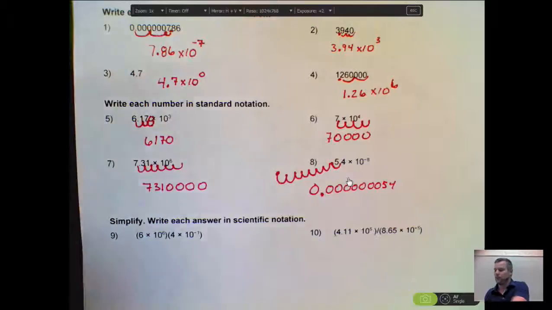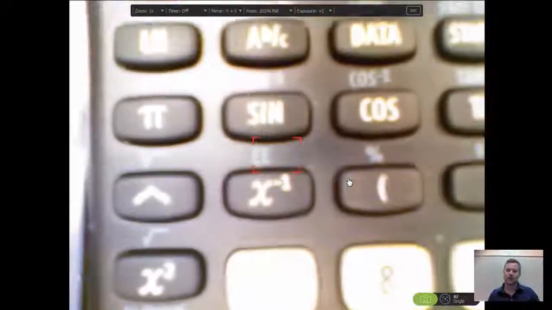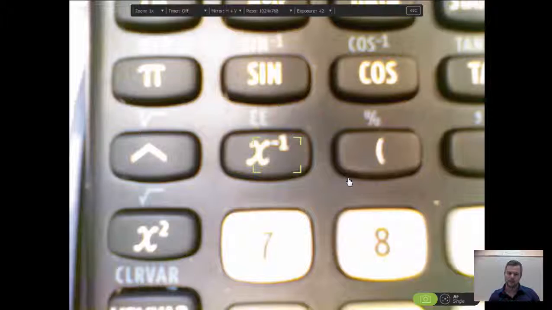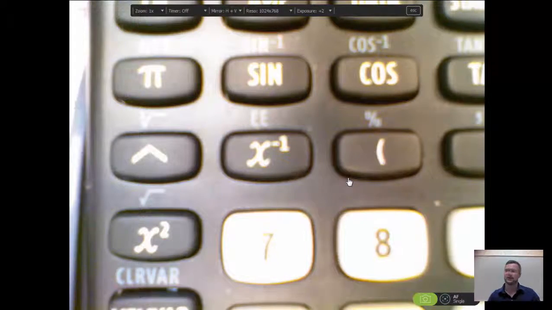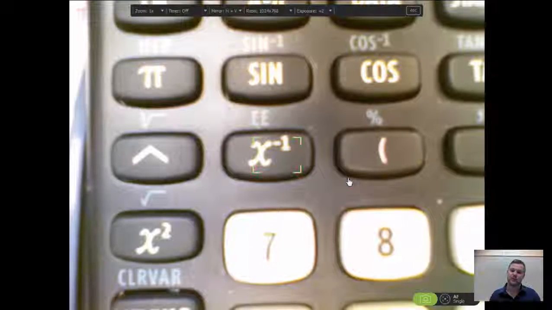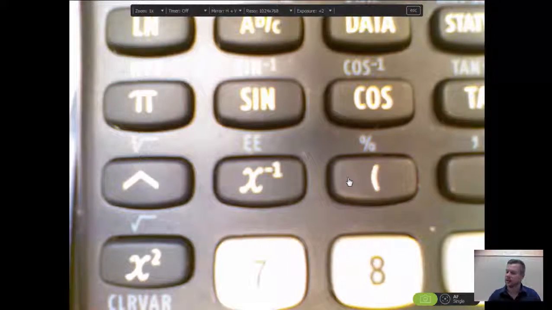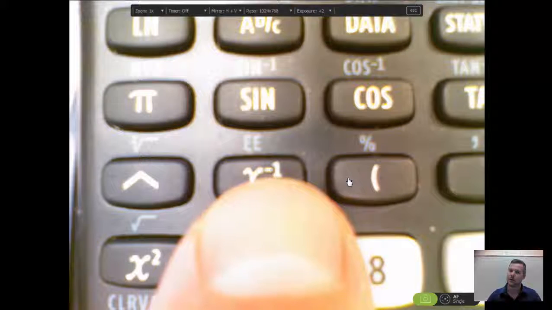So in actuality, on this calculator, right above the 7 is a scientific notation key, which is my EE key. But you'll notice that the text printed above that EE key is blue.